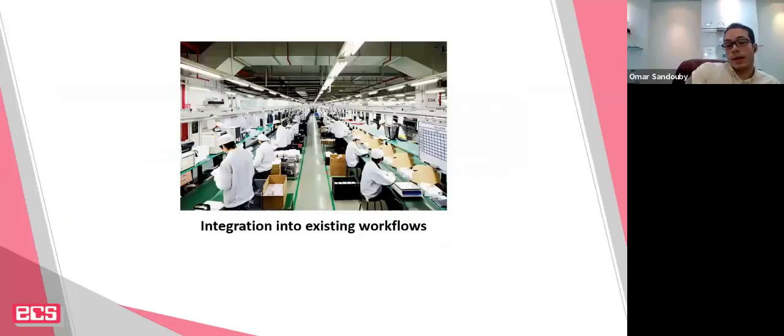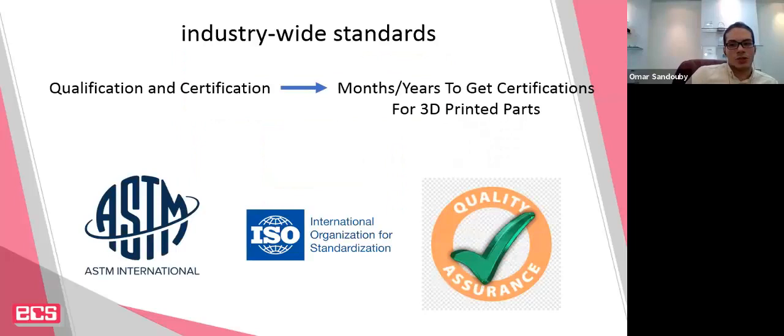The second thing is integration into existing workflows. This step would, of course, include many other challenges, but one that is very important for us to address today is the fact that for any part that goes into manufacturing, there have to be industry-wide standards applied. I believe many of you are aware of the ISO standards and the ASTM standards for materials, for instance.